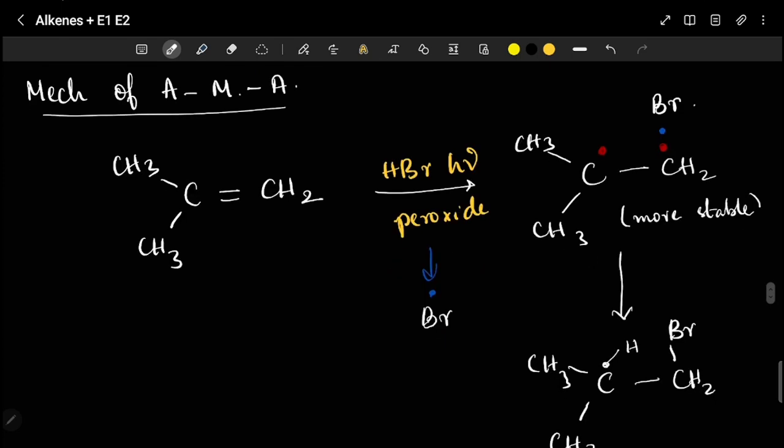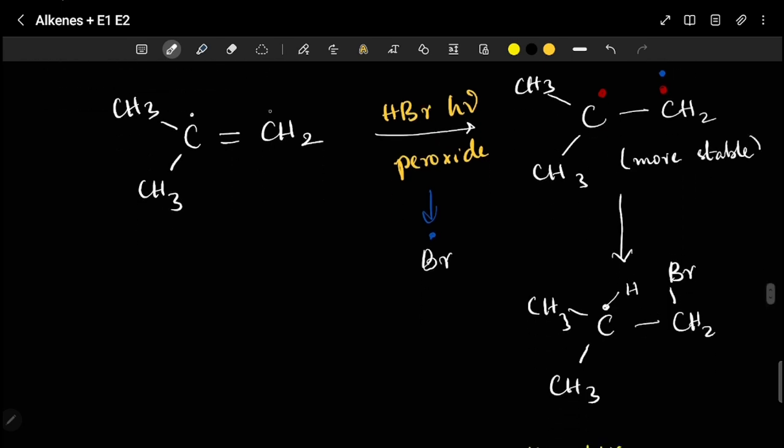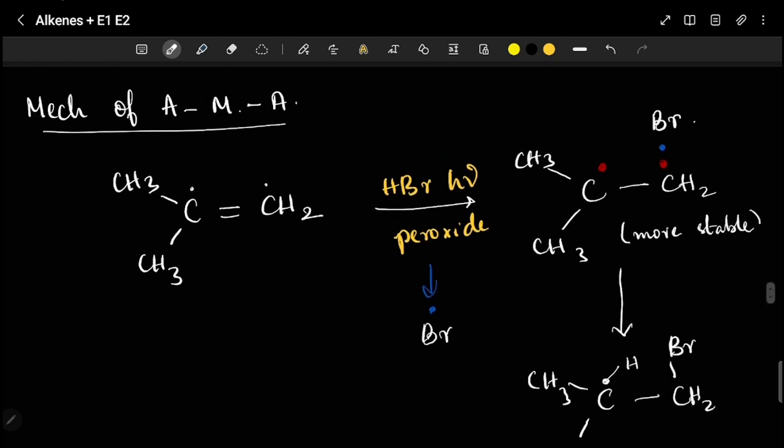So the mechanism of anti-Markovnikov, why is this happening? Now we took the example here. Whenever there is peroxide and all this stuff, radicals are formed. A homolytic cleavage takes place and a radical is formed. Once the radical is formed, the Br radicals are released because of the h nu. So Br radicals are here.